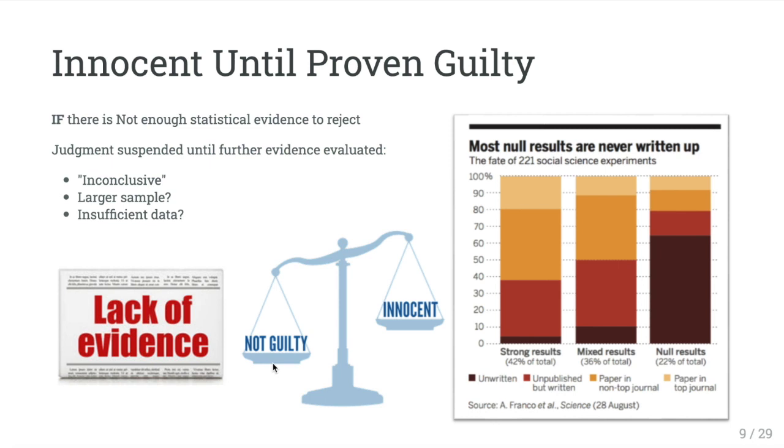So when there is no evidence against the null, it's not significant, then it's inconclusive. Maybe we need a larger sample, or we don't have good enough measures, or our experiment wasn't built correctly. But we can never say, well, there is just no effect out there. Maybe after repeated, really well done samples and studies, we could do that, but definitely not with one study.